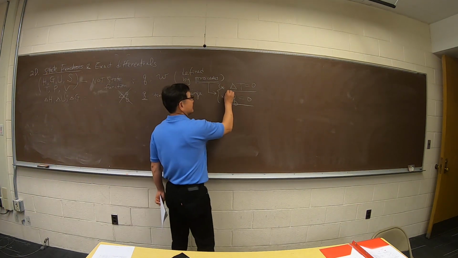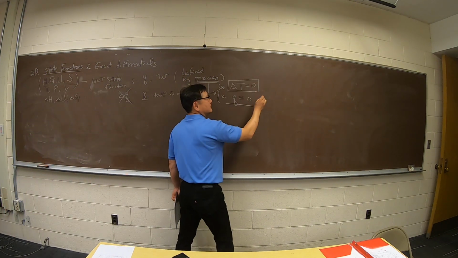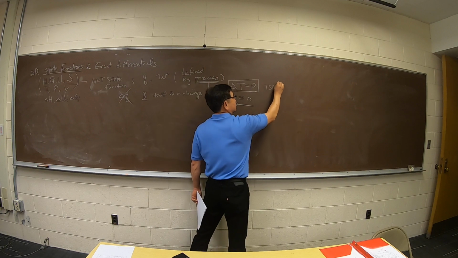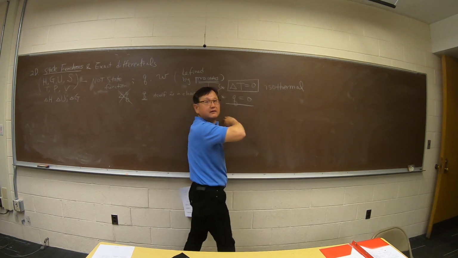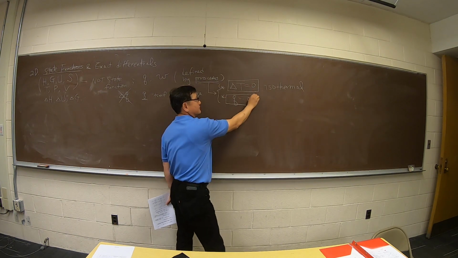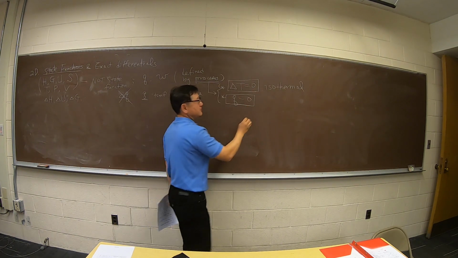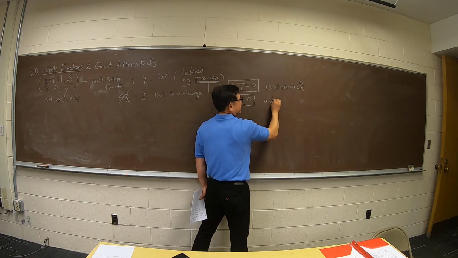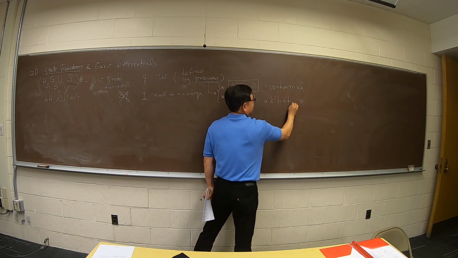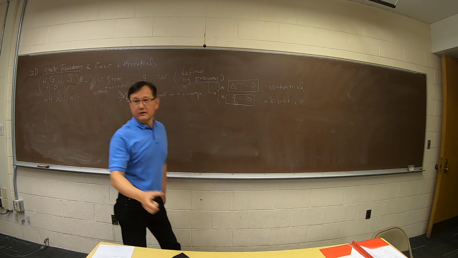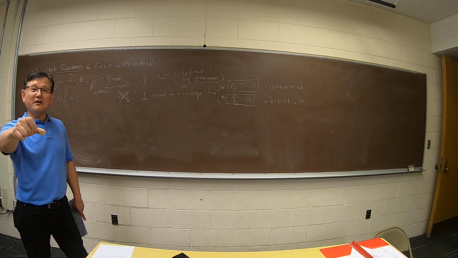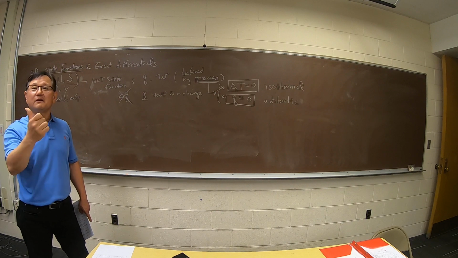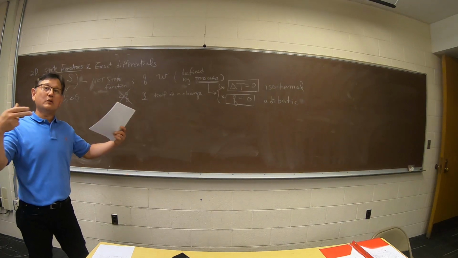How do you call this process? Constant temperature, right? Isothermal process. What about Q equals 0? Does anyone remember? Adiabatic. A thermally insulated wall, like what she's drinking, does not permit any heat flow, so no heat goes in and out.